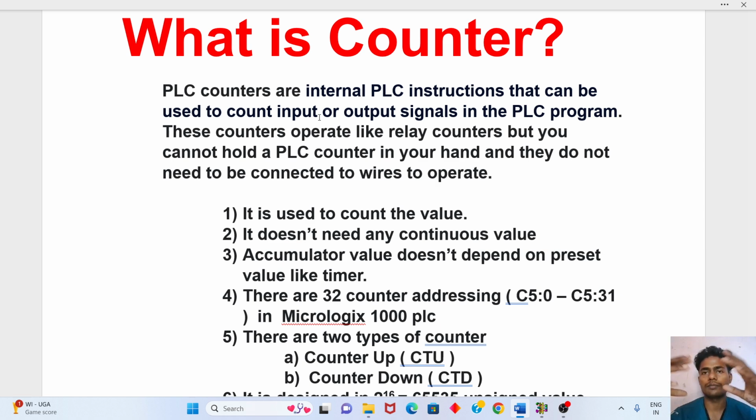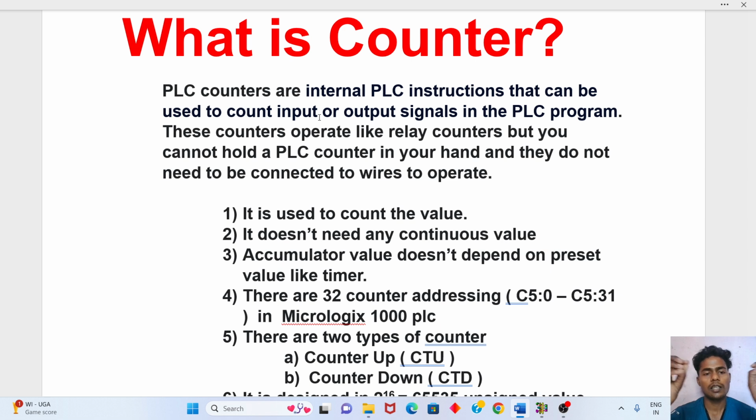Like when any product is going on the line, the product is sensed by a sensor and it counts the value number one, then number two, then number three, then number four, then number five. By one, it counts the value, and this is the actual function of a counter.